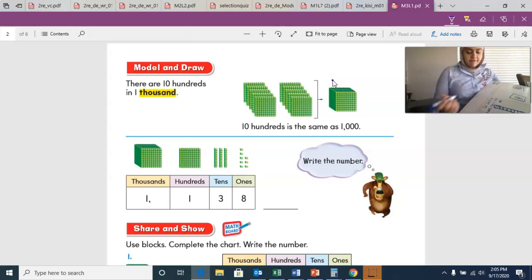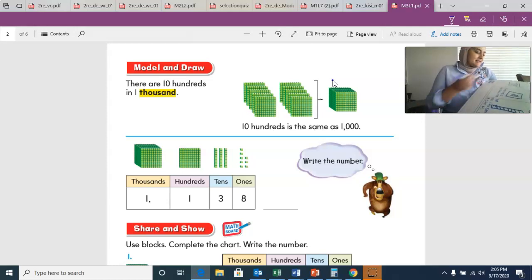All right? I think Professor Perger called them logs. And then 10 ten logs, 10 logs is the same as 100.